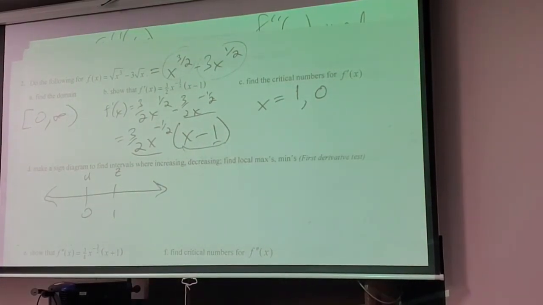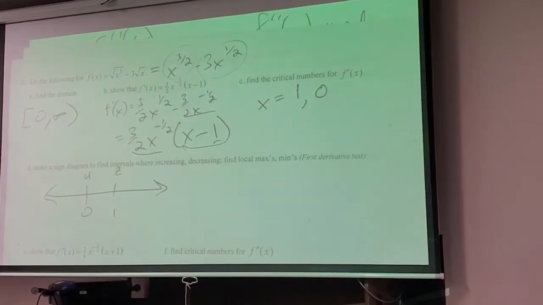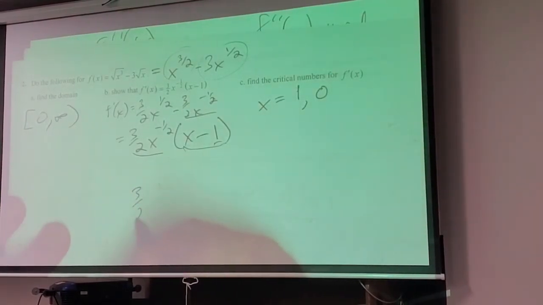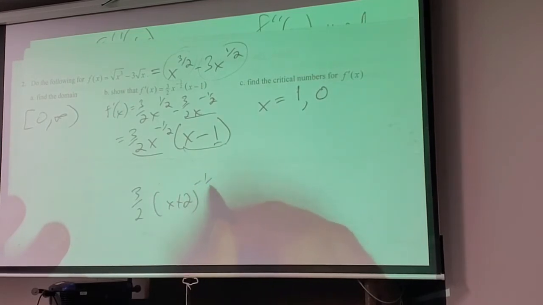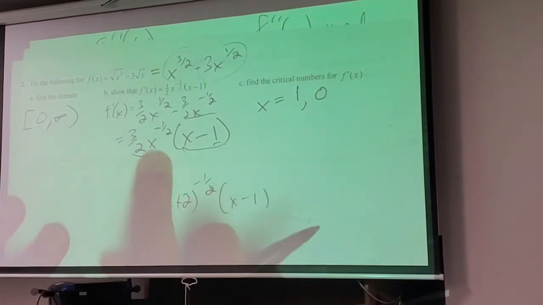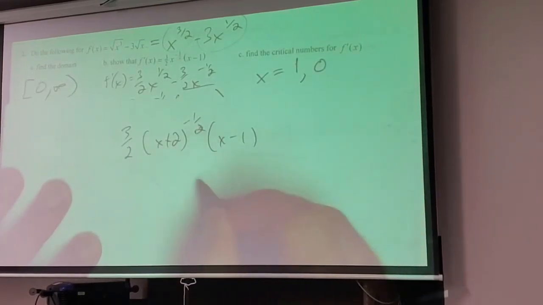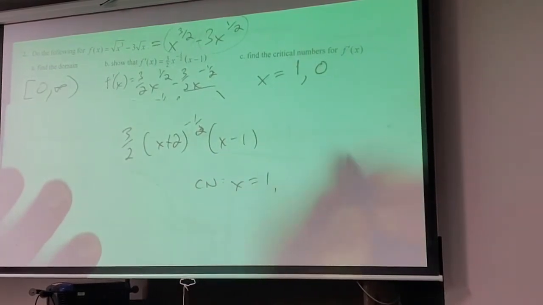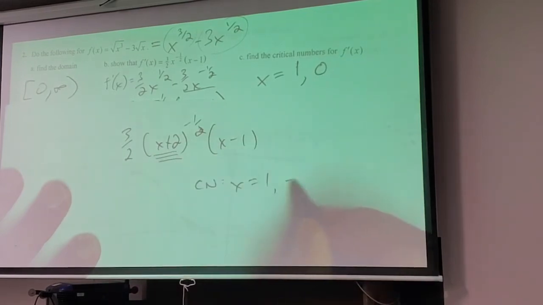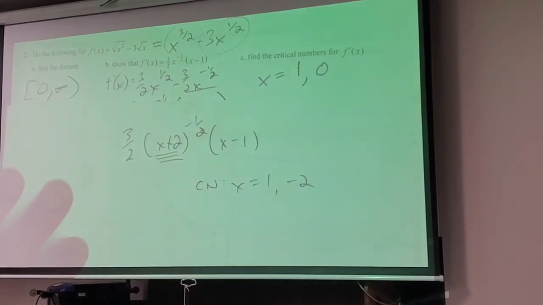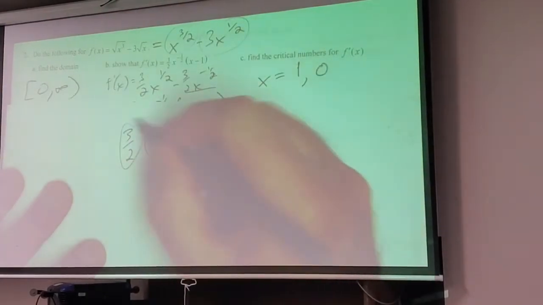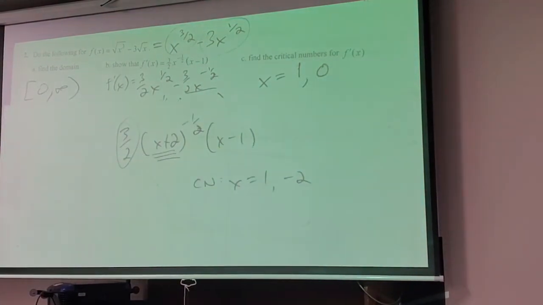Let me make sure I understand your question. If it would have been this instead, so I just replaced the x with an x plus 2, the critical numbers would have been 1 and -2. So the 3/2 wouldn't. Exactly, the little 3/2.